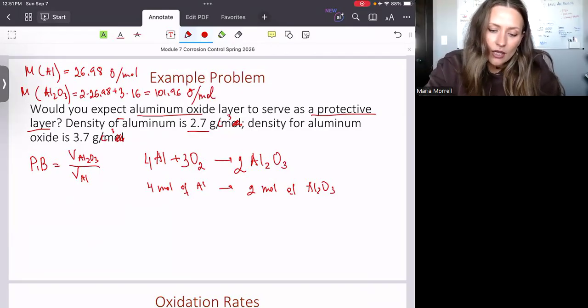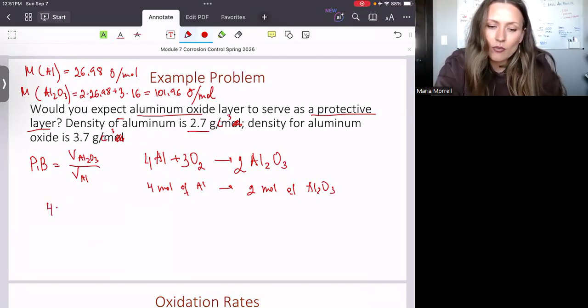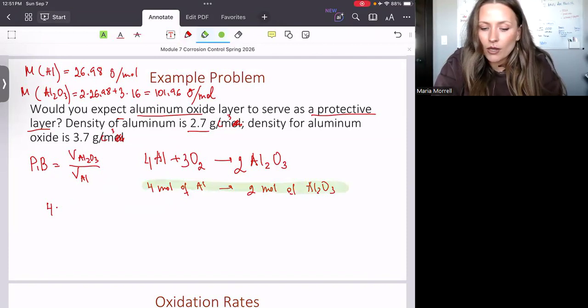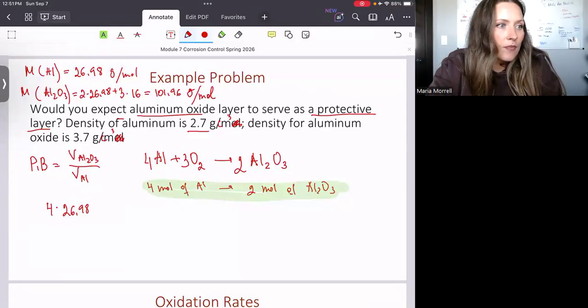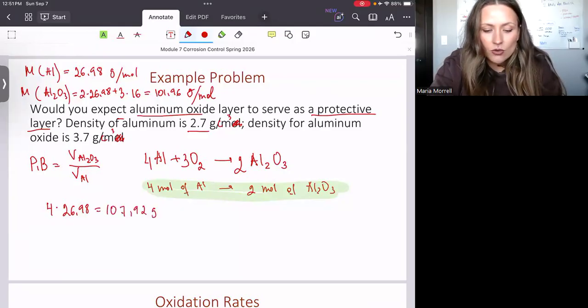So now that looks like if I have 4 moles of aluminum, that means, and I'm going back to my chemical reaction itself, right? So if I have 4 moles of aluminum, which is going to be 26.98 each, that means that value is going to be 107.92 grams of aluminum, okay?